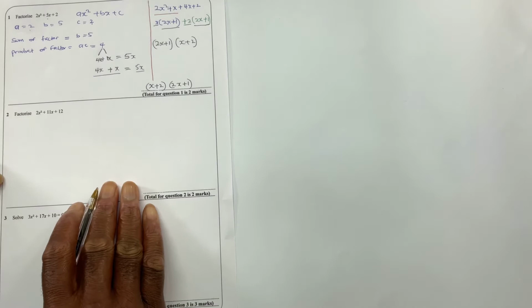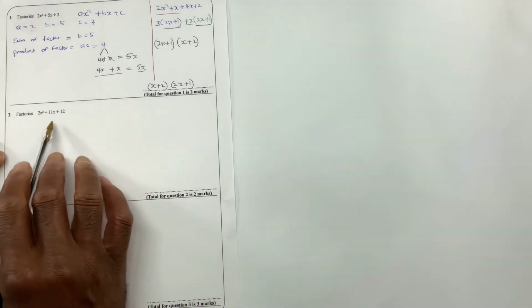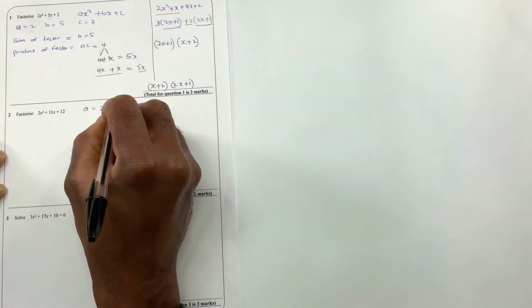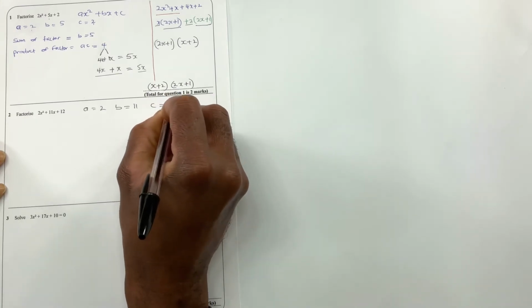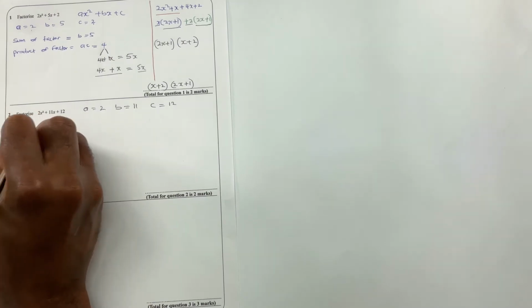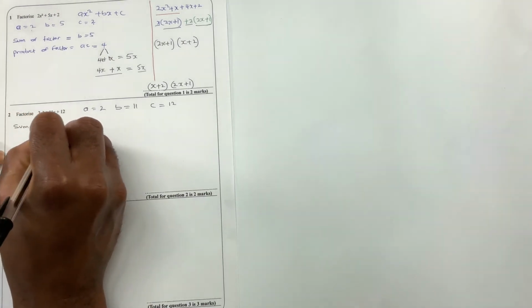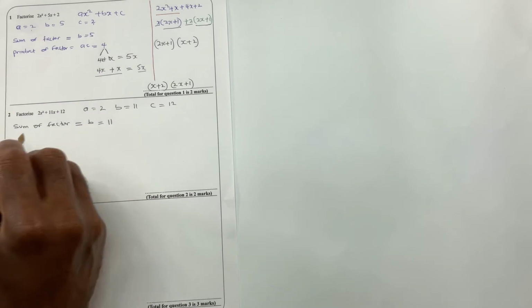For the second part, we just need to find a and b. So a equals 2, b equals 11, and c equals 12. Then we need to find the sum of factors, and that has to be equal to b, which equals 11.